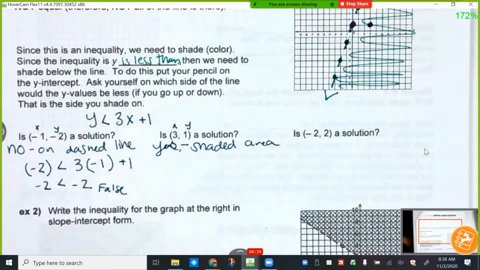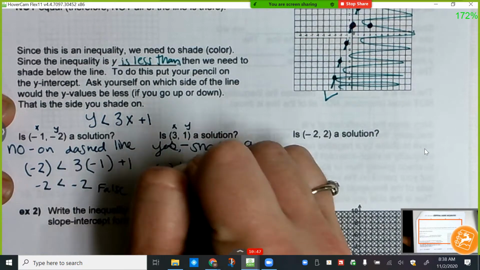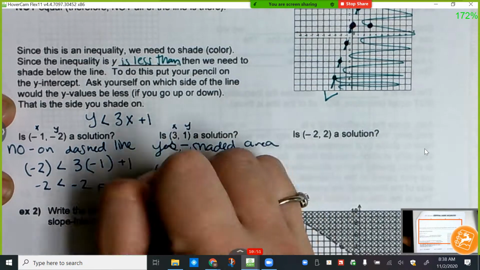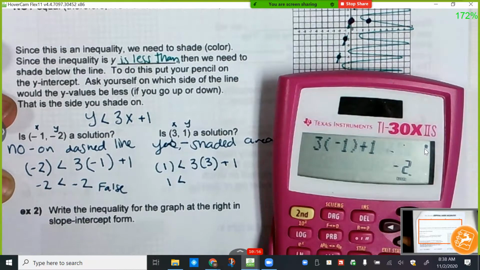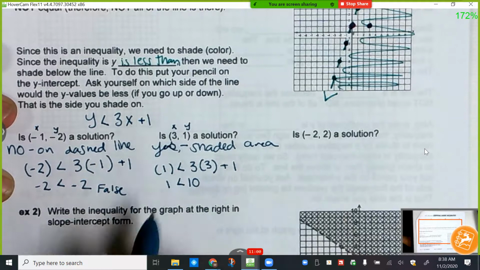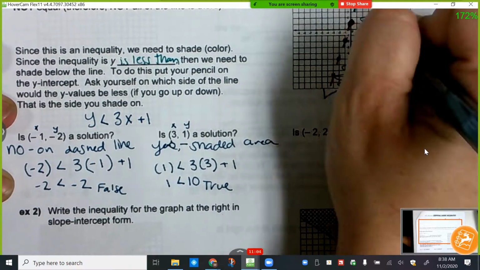This is good practice too, because in standard form, I like when y'all plug it in to check a point. And I'll show y'all why here in a second. So I have y is less than 3 times 3 plus 1. So x goes here, y goes here. So I get 1 is less than... y'all, what's 3 times 3 plus 1? Is 1 less than 10? Yes, so this is true. Therefore, it is a solution.